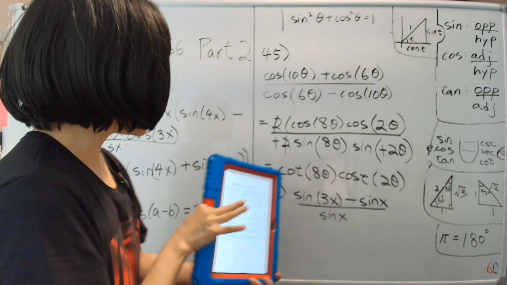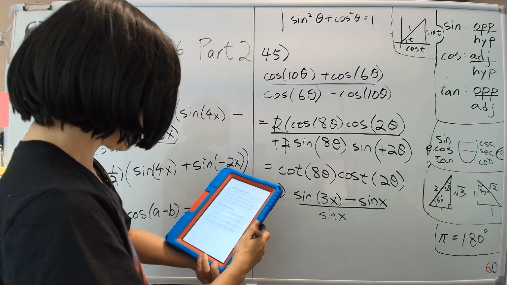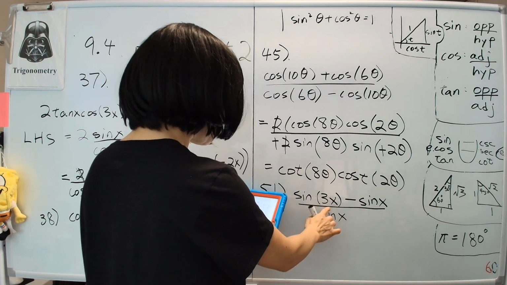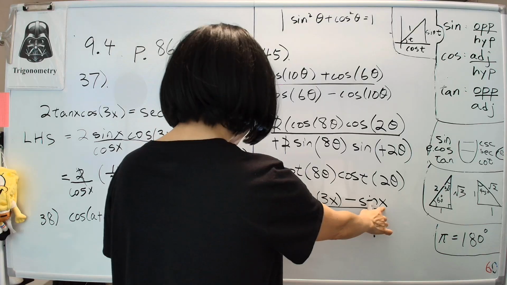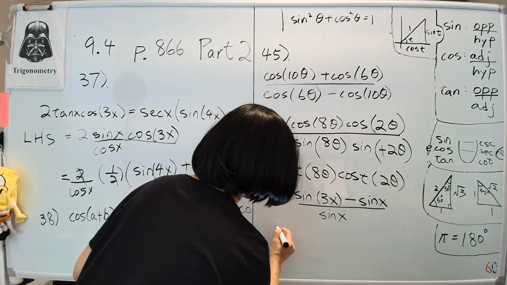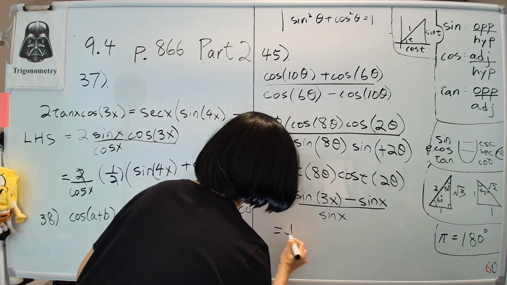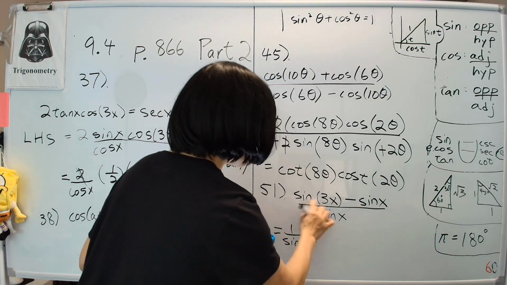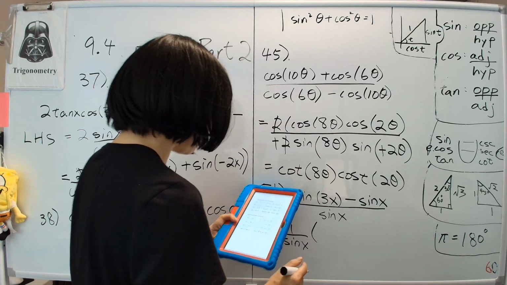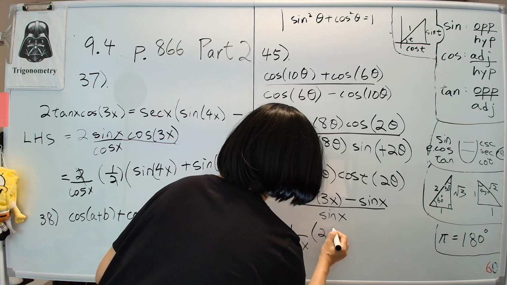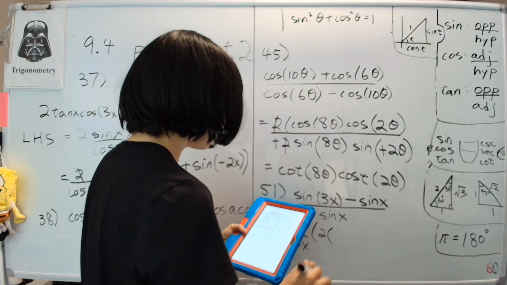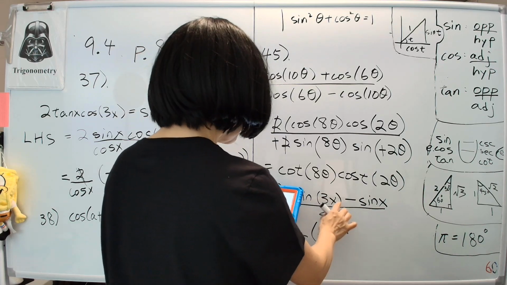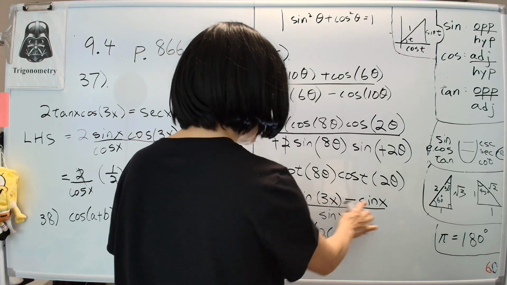All right, so let's do that. Following that plan, we have sine of 3x minus sine of x. This will be the alpha, and that will be the beta, and that equals, we'll write down 1 over sine x outside, so that is out of the way. And then the numerator we have 2 times sine of alpha minus beta.